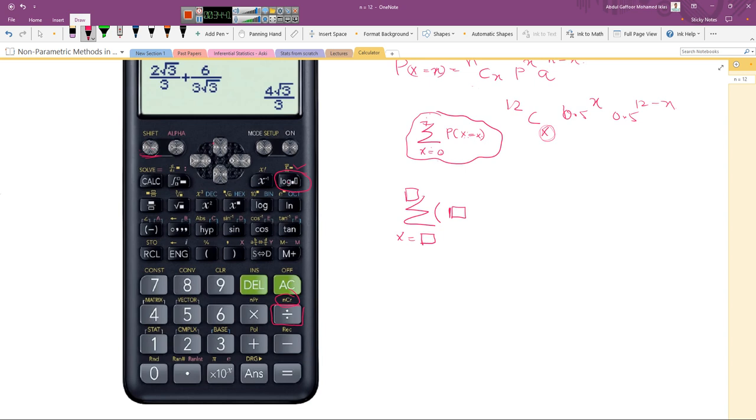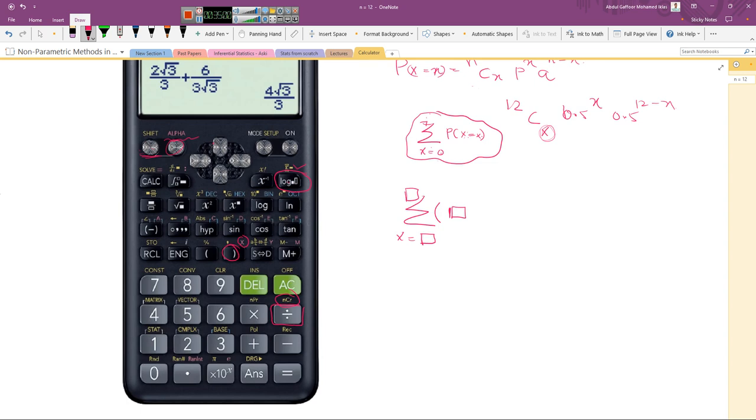If you want to press x, you can see x is here, but it is in purple color, so you are supposed to press it along with the alpha button. So alpha x, you have to press this.